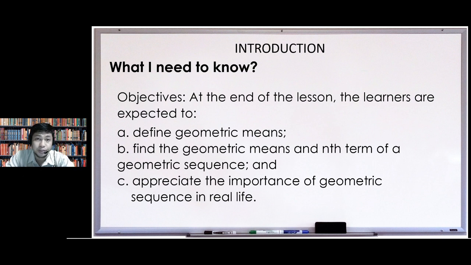You will be able to, letter A, define geometric means. Letter B, find the geometric means and nth term of the geometric sequence. And for letter C, the last one, appreciate the importance of geometric sequence in real life.